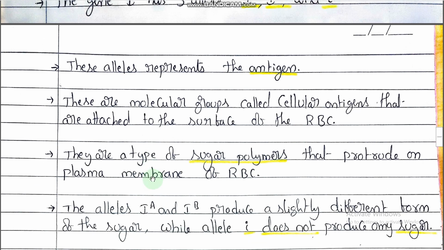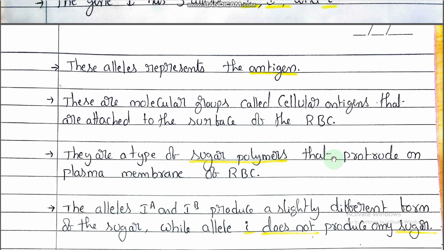They are a type of sugar polymers. So what is the structure of antigens? They are a type of sugar polymers. Sugar means glucose. So there are sugars, polysaccharides, sugar polymers, not monomers. Many types of sugars are attached.